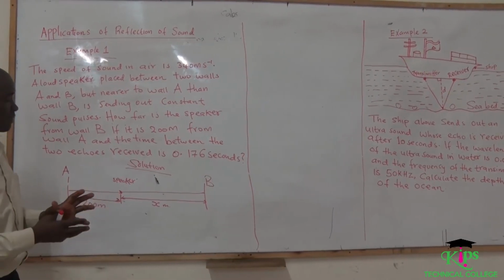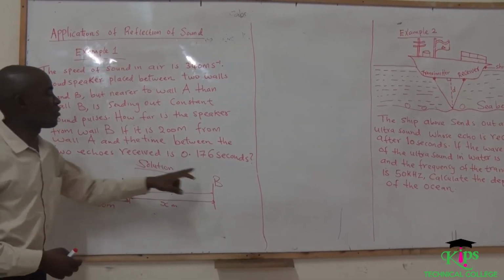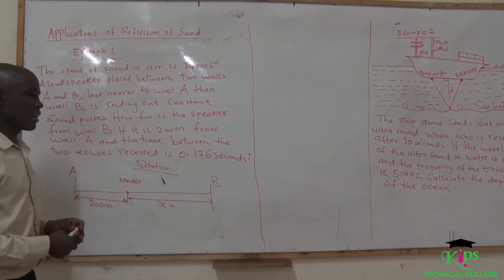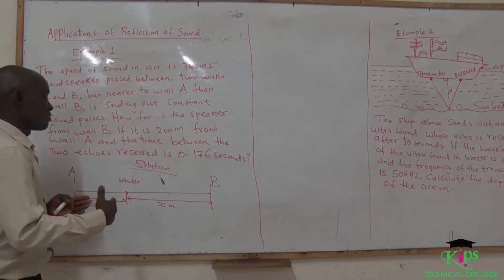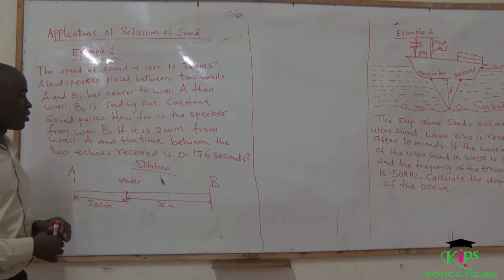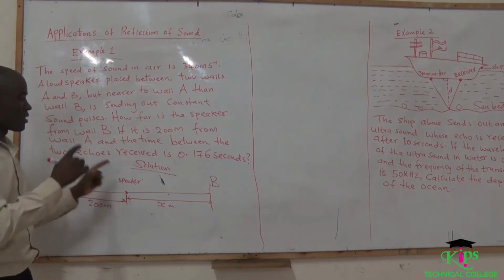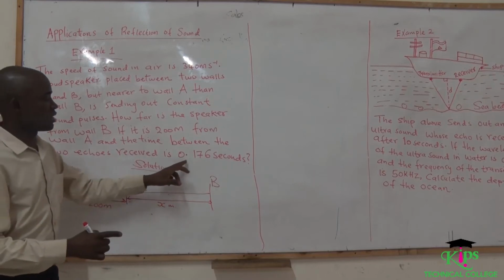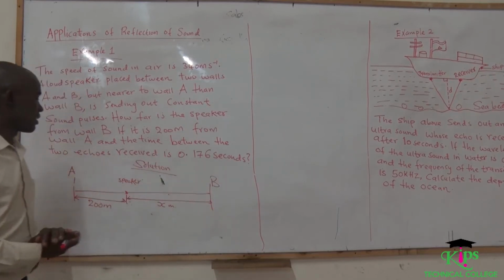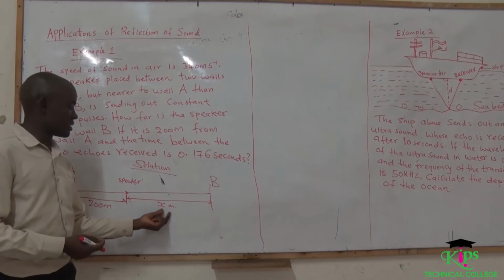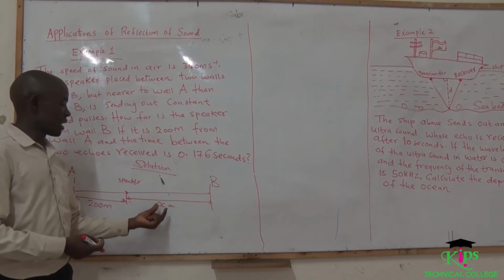Then after some time, you will hear an echo from wall B, because now the distance is a little bit longer. The time between when you hear the first echo and the second echo is 0.176. We are now supposed to determine the distance between the speaker and wall B.